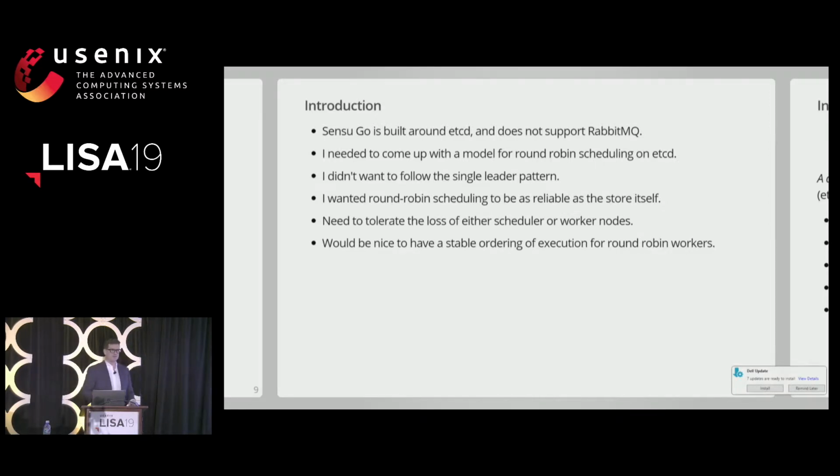I wanted the scheduling to be as reliable and robust as etcd itself, and to tolerate the loss or failure of nodes. It would also be nice to have a stable order of execution. Previously, the order of execution was basically arbitrary, first come, first served. On average, that gives you a round robin, but it's not a nice, stable ordering.